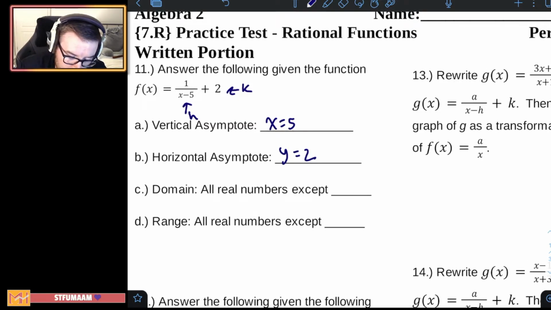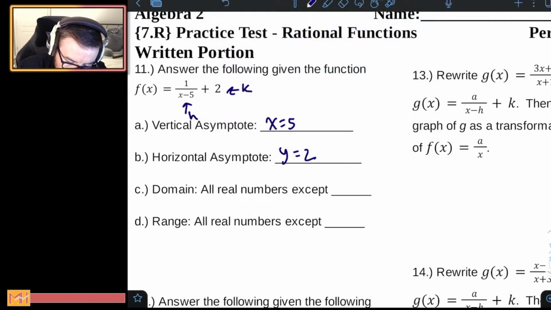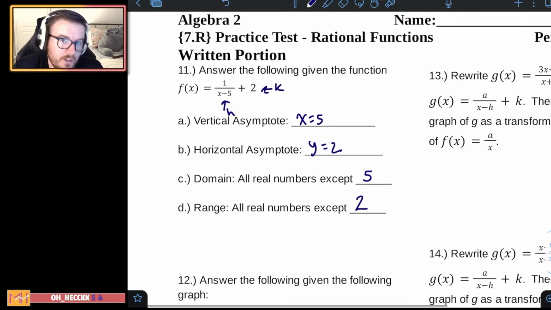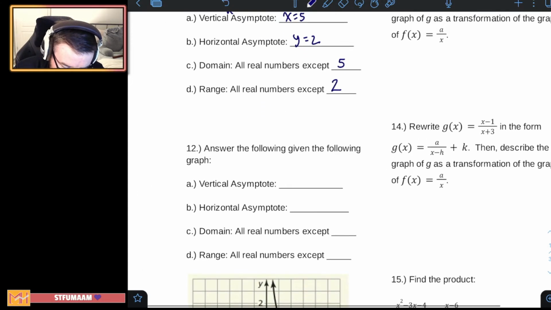The domain is affected by the vertical asymptote, so all real numbers except 5, and the range is affected by the horizontal asymptote, all real numbers except 2. Asymptotes tell us literally where the function does not exist, so those particular values are an exception.